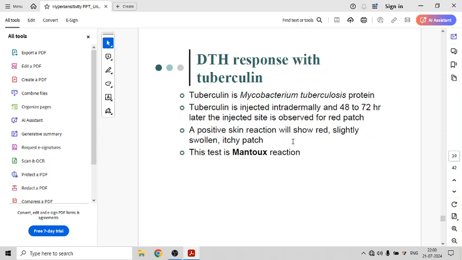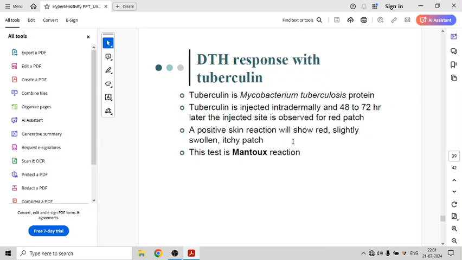Therefore, it is highly essential to test for tuberculosis using the Mantoux reaction, by using tuberculin antigen, injecting that intradermally and waiting for 48 to 72 hours to see whether the delayed type hypersensitivity reaction, the DTH response, takes place.